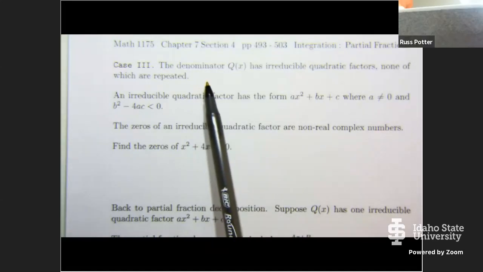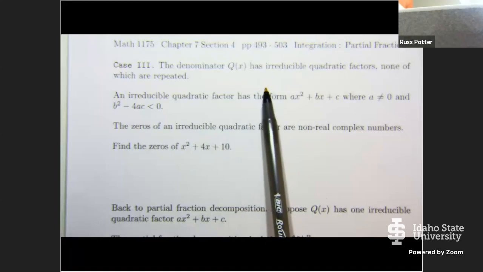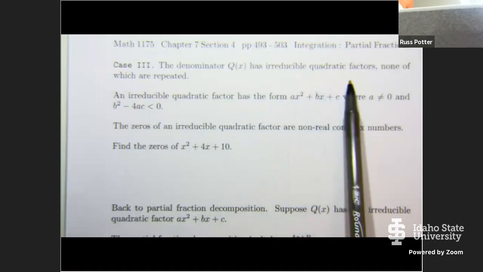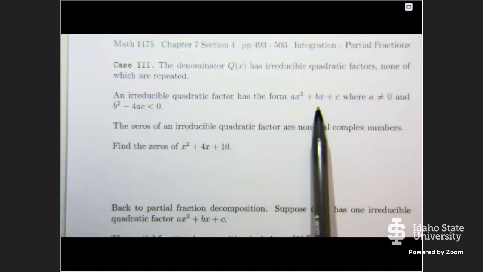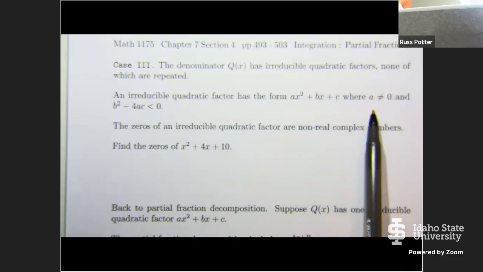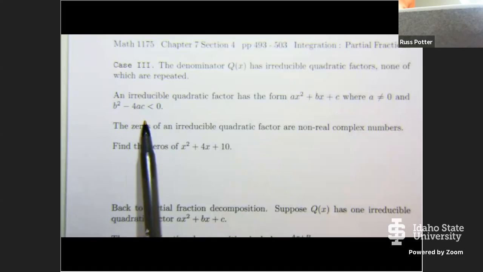Case 3, the denominator q of x has irreducible quadratic factors, none of which are repeated. An irreducible quadratic factor has the form ax squared plus bx plus c, where a does not equal 0, and the discriminant is negative, b squared minus 4ac is less than 0.